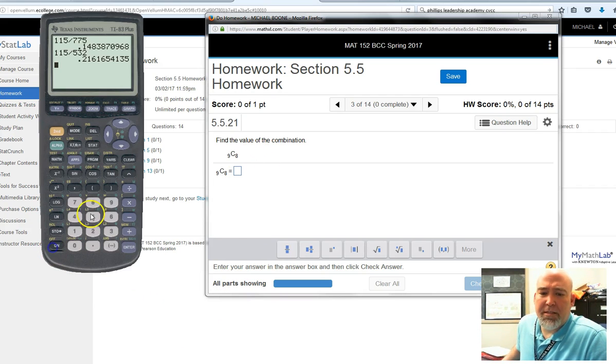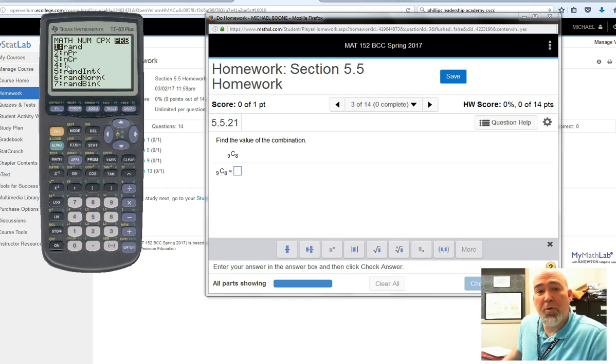On our technology, there are different ways to do combinations. On a TI, there's a permutations and combinations button. There also is a factorial, which is something else used to calculate these, and is an operation that we do in math.